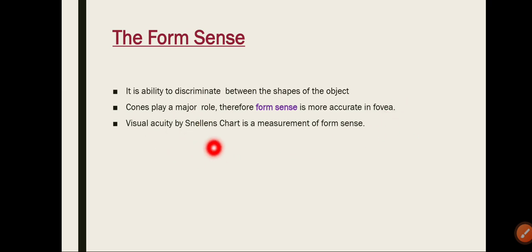Visual acuity by Snellen's chart is a measure of form sense. The clinical test determining visual acuity measures the form sense, the reading ability of the eye.